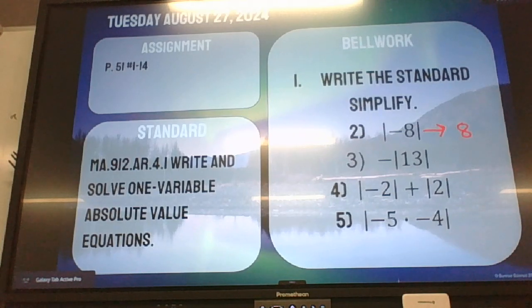It's talking about distance. Absolute value is distance. Go ahead. Yes, distance on number line. So when we think about -8, it's right here. -8.